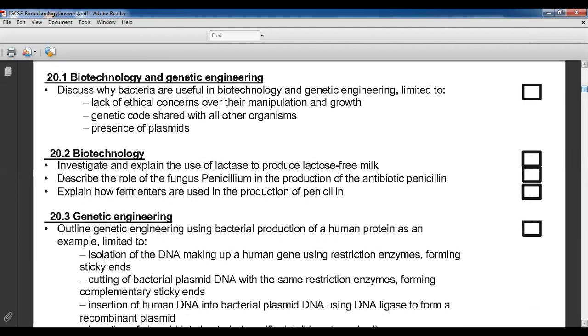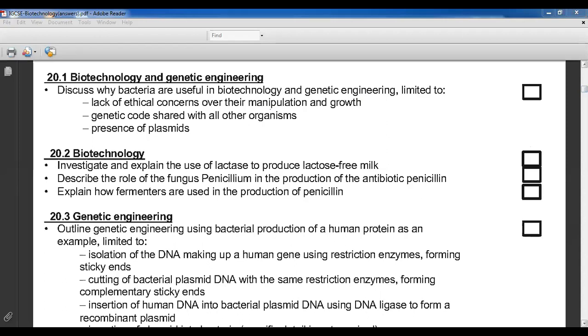Then we will discuss the outline of genetic engineering using bacteria for production of human protein. Here we will discuss insulin production with the help of genetic engineering, in which I will discuss the different roles of different enzymes, like restriction enzyme, the enzyme that does the cutting of DNA, right? And then we will discuss how we are inserting that into bacteria.